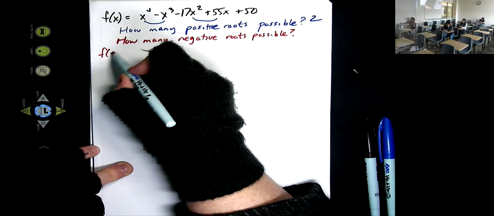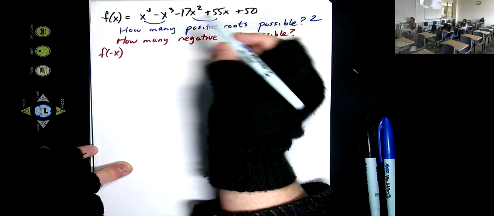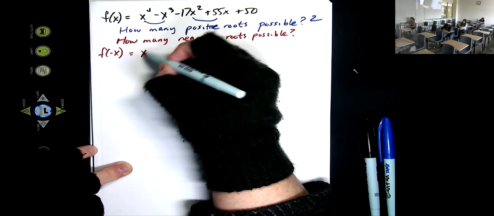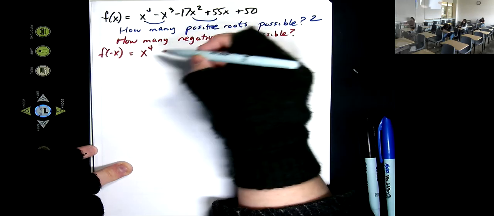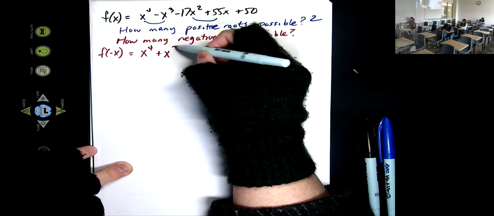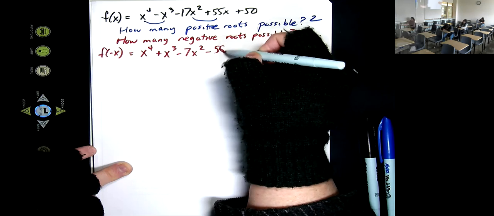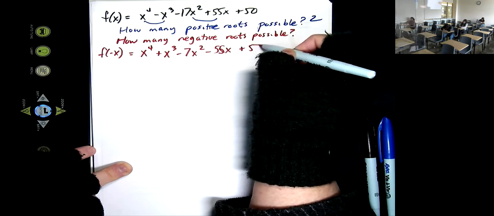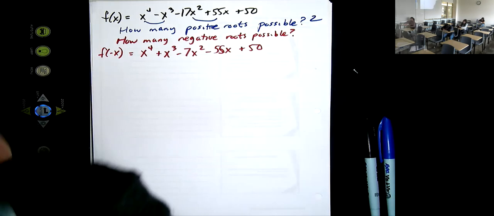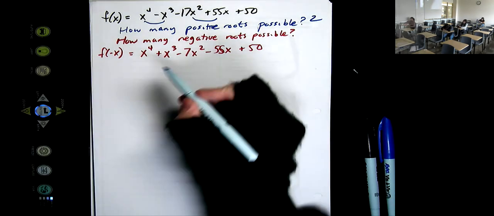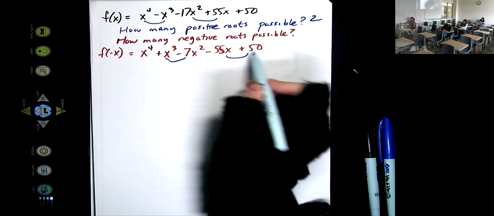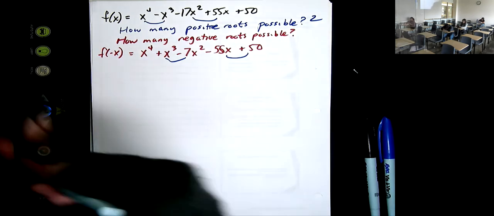For that, we have to stick in negative x, and this changes the sign of all of your odd exponents. I've got 2 here.